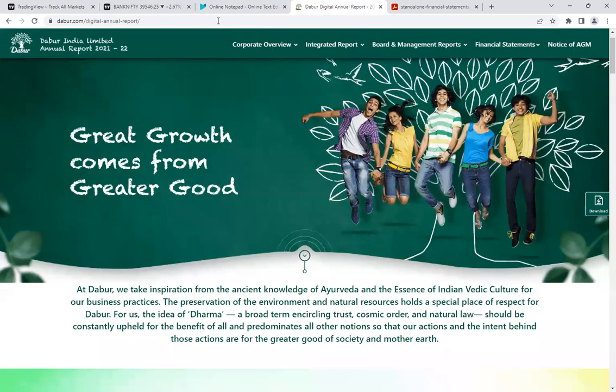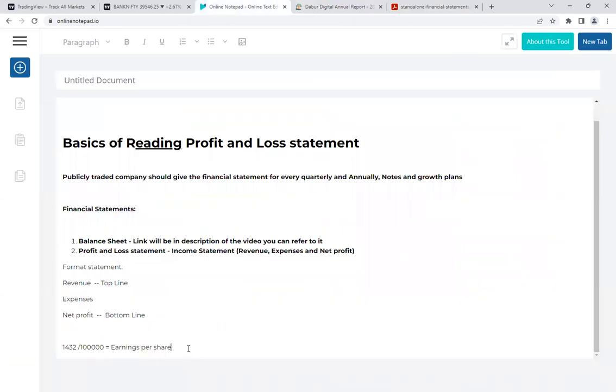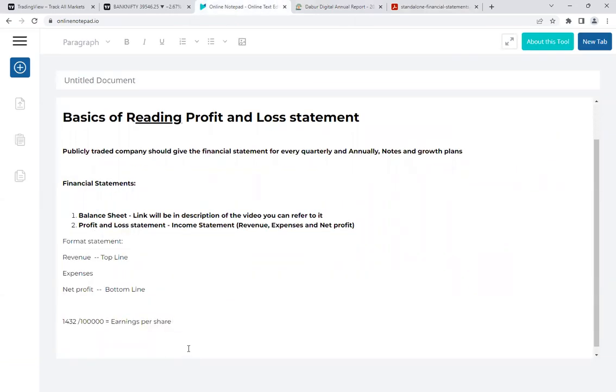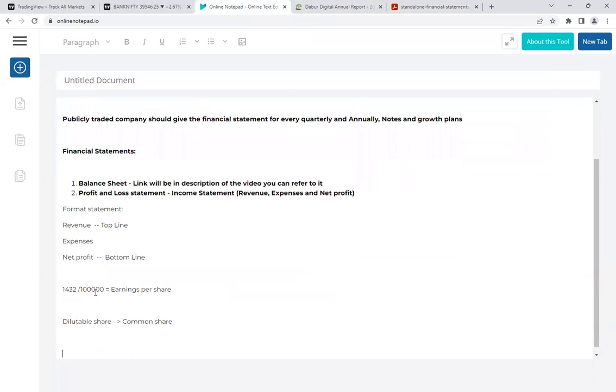Some of the shares of the company will be dilutable, in the sense they can be converted to common shares, because all the outstanding shares are common shares only. So dilutable shares are not common shares, but they can be converted to common shares. Now assume that out of this 1 lakh outstanding shares for Dabur, there are 100 dilutable shares.